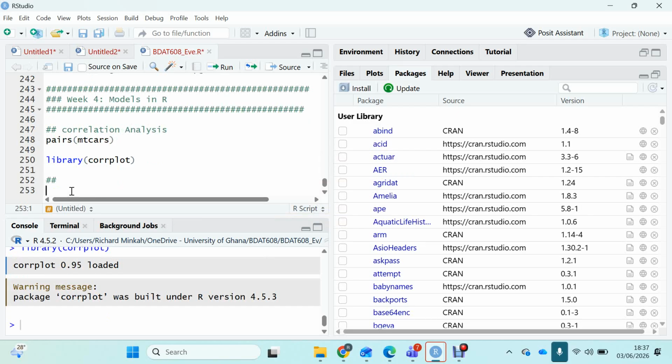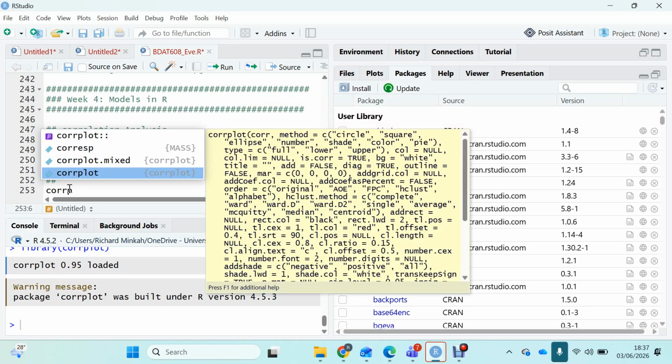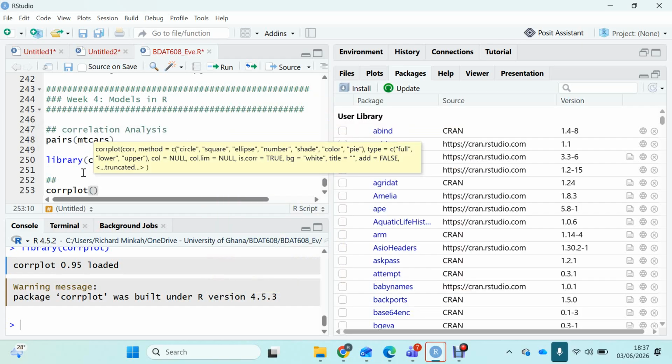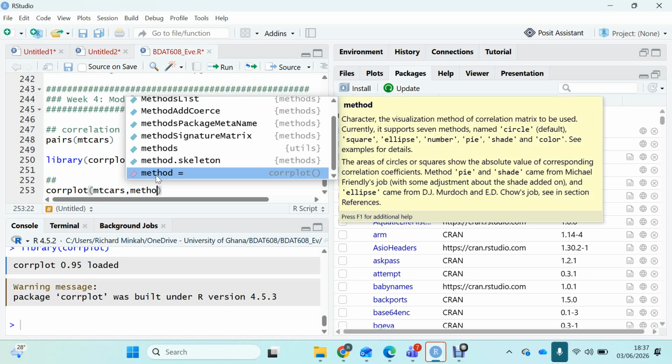Okay, then you. So with this, we can now get the corrplot function. Then we take our mtcars.